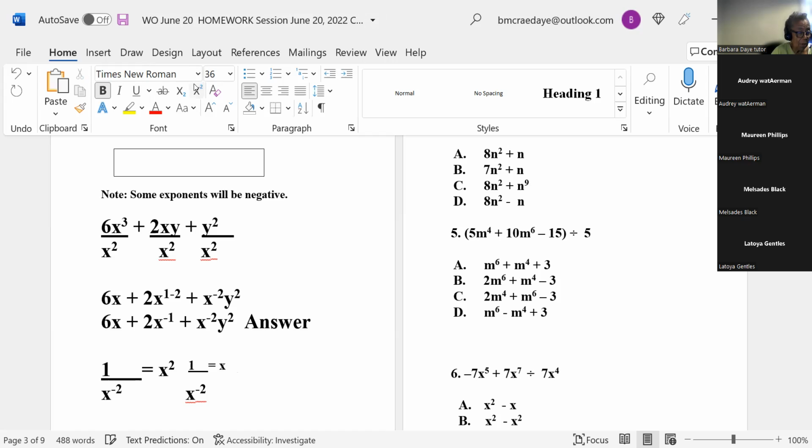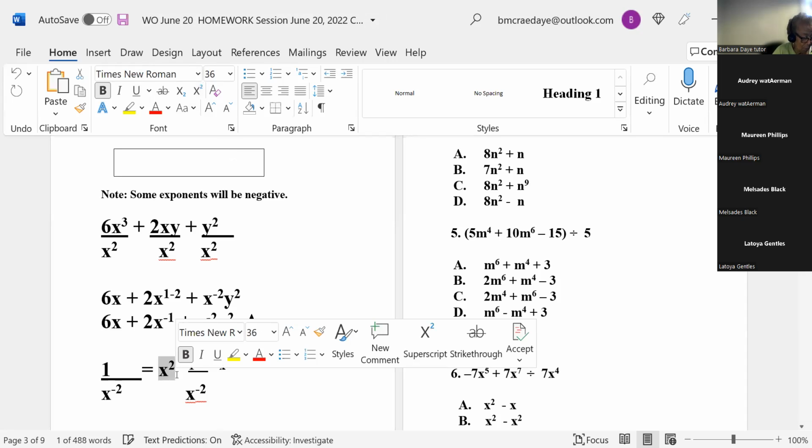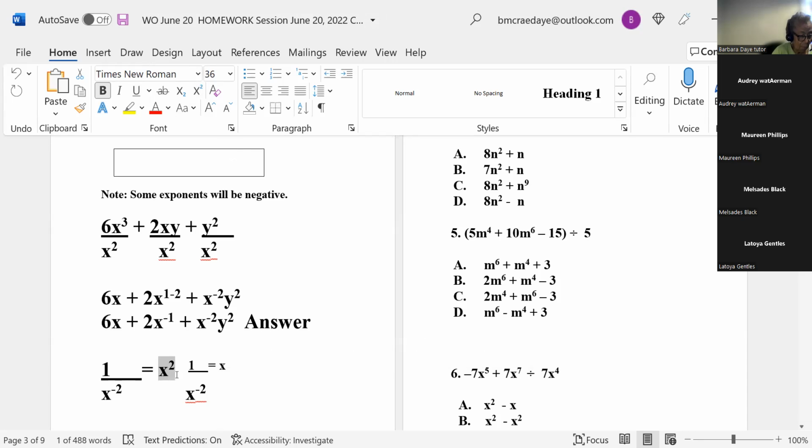Somehow the power is not working. This should be x. So if this was 1 over x, let me just make that plus 2. So 1 over x to the second will be x to the -2.